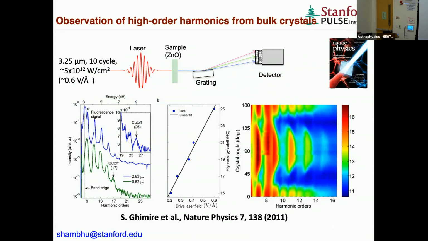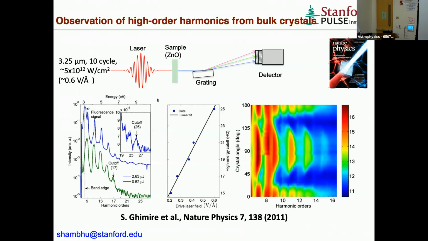This is an experiment that we did, and the results came out in 2011. One of the co-authors is David Rees, sitting in the audience. The way we were able to get around this damage issue was that instead of using the typical 800 nanometer laser pulses, we used a fairly long wavelength laser, in the 3 micron wavelength range.